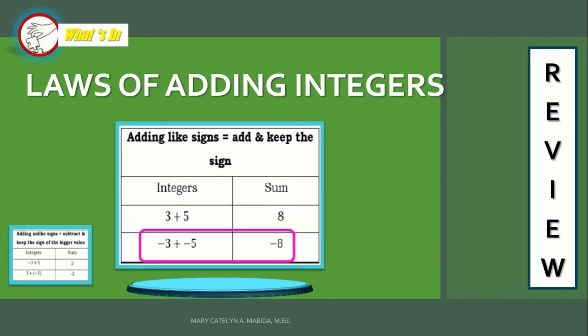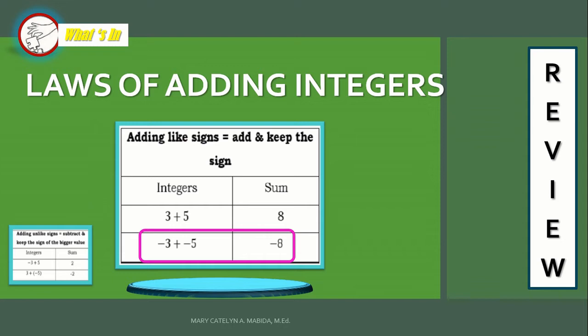Now in this example, we have numbers that are negatives. Negative 3 plus negative 5. What is their common sign? They are both negative. And so, since they are both negative, we are just going to add them immediately. So, 3 plus 5 is equal to 8.